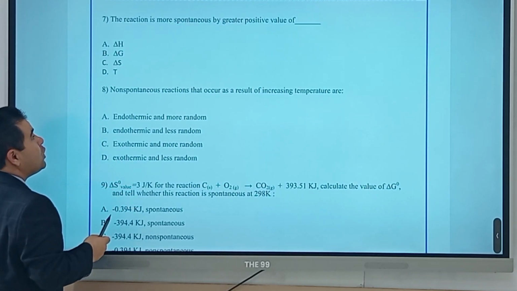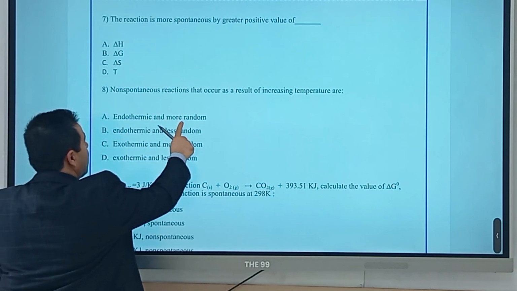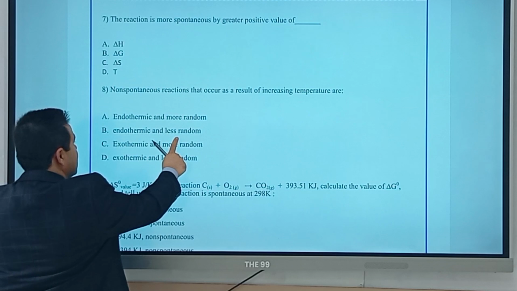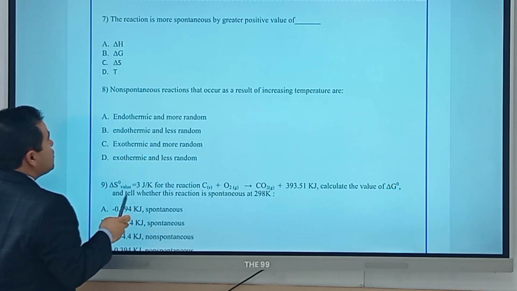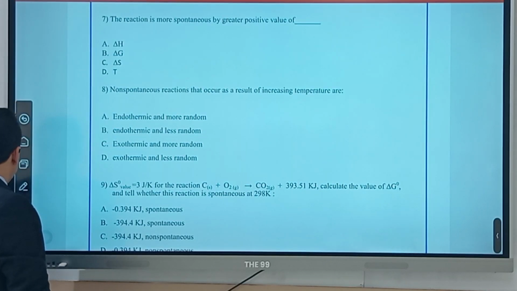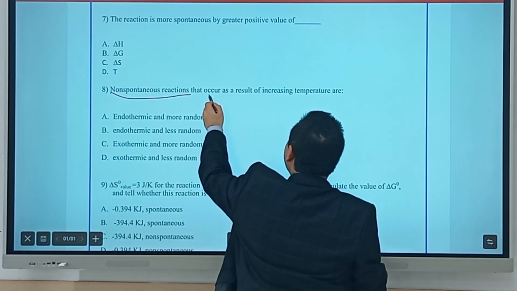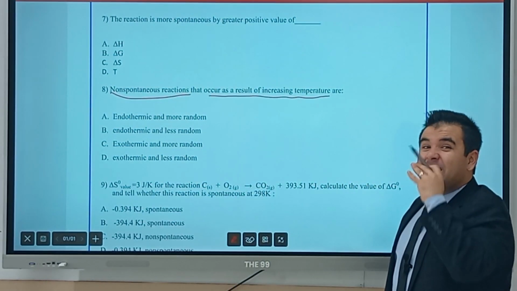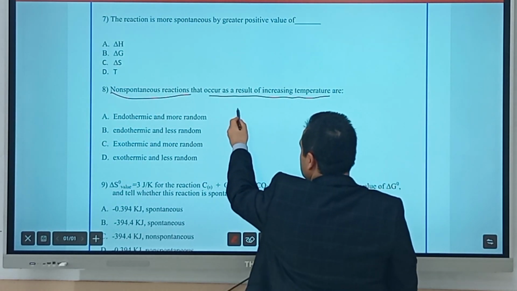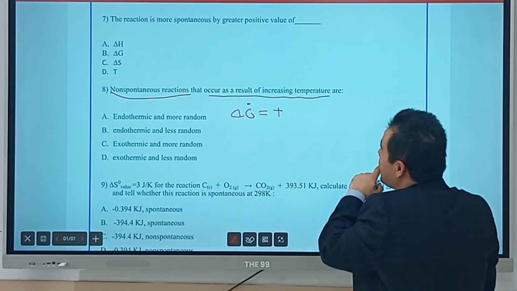Guys, a non-spontaneous reaction that becomes spontaneous as a result of increasing temperature must be: endothermic and more random, endothermic and less random, exothermic and more random, or exothermic and less random? The reaction is non-spontaneous, so delta G is positive, okay?